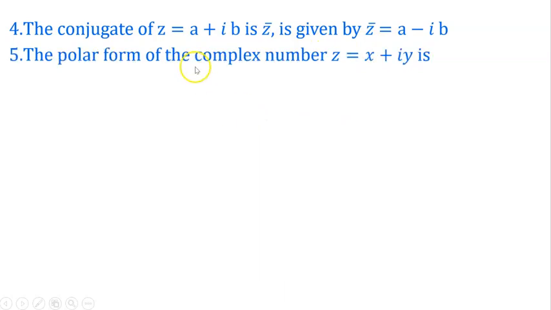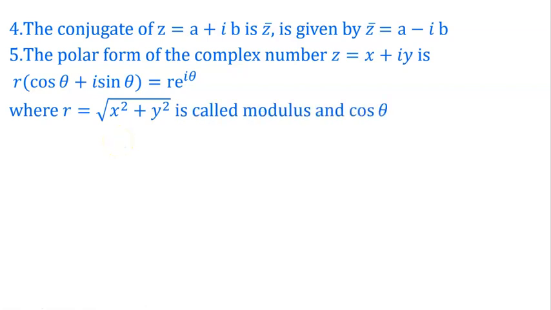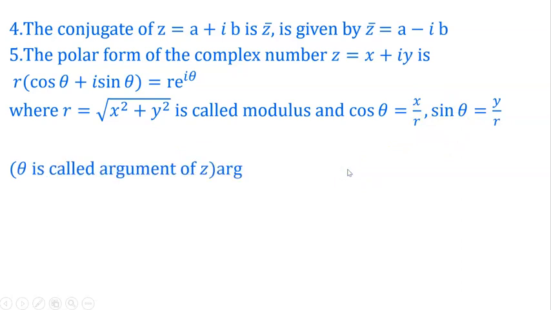The polar form of the complex number z equal to x plus iy is r (cos theta plus i sin theta), which is equal to r into e raised to i theta, where r is equal to root of x square plus y square, called the modulus, and cos theta is equal to x upon r, sin theta is equal to y upon r.